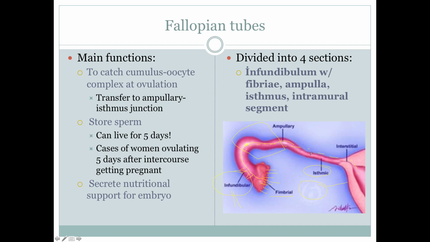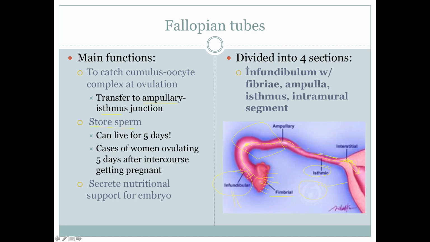And then there's, again, the isthmus, and then interstitial means the innermost portion, the interstitium, the non-functional but innermost tissue. So it functions to catch that egg and move it to the ampullary isthmic junction so that there can be fertilization and then hopefully deliver it to the uterus.